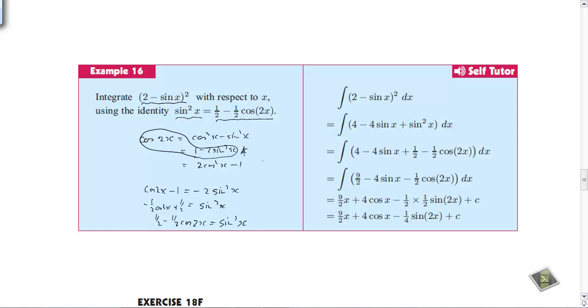Let's see why. Let's come over here now and say if we expanded that, you'd have first one squared, twice the product would be neg 2 sine x, so twice it would be neg 4 sine x plus sine squared x. Okay, so now we can't actually do this one very easily. You might say, well, why don't you increase the power by 1 and divide by the new power?